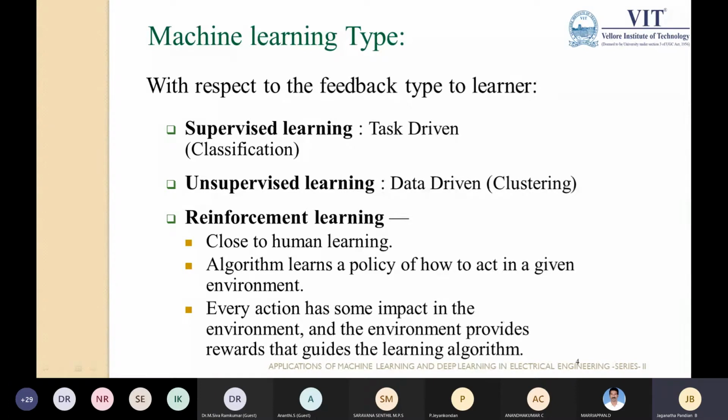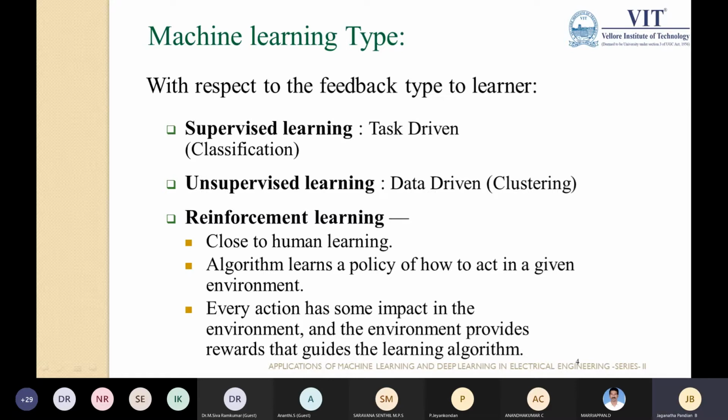How you are making it to do something, those kind of learnings come under reinforcement learning. So definitely reinforcement learning is also inspired by human learning. We say neural network is from human characteristics, fuzzy is coming from some particular human behavior. Like that, this is also coming from some of the human behavior.